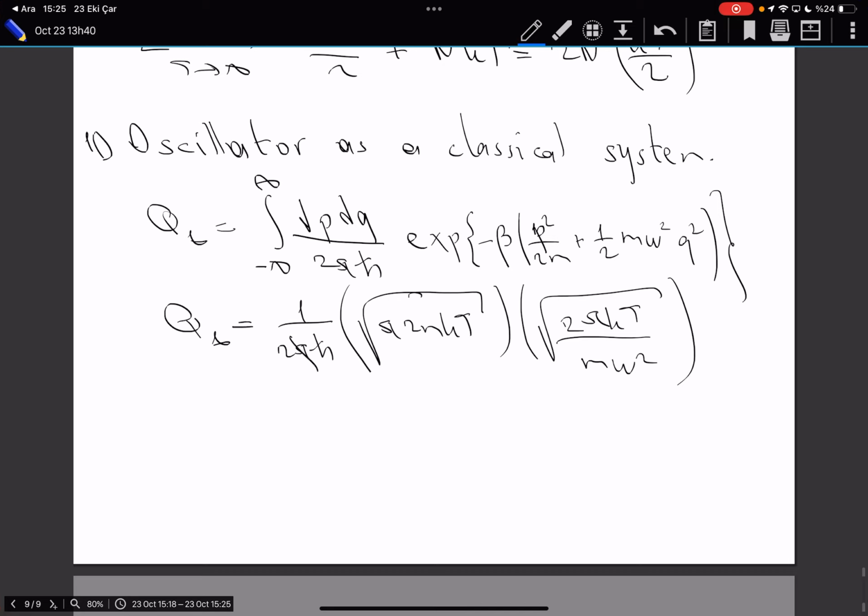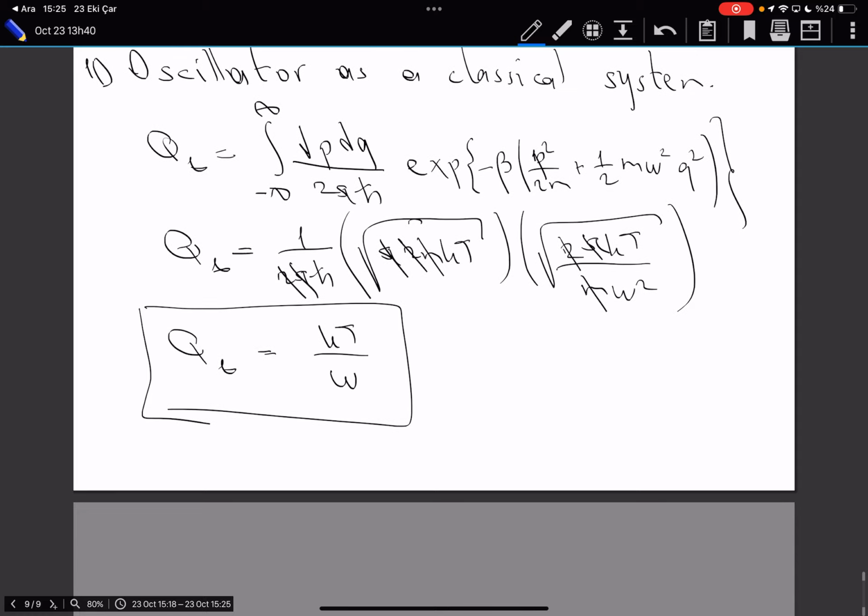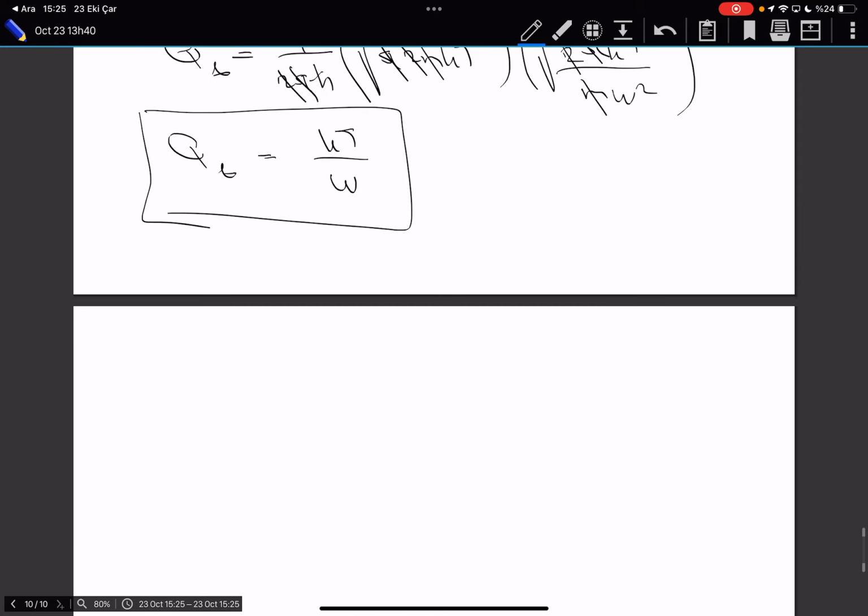Okay, let's do the simplifications. Pi's will cancel, the masses will cancel, the 2's will cancel. So Q1 would be just kT over h bar omega, the partition function of one oscillator. Qn would be kT to the power n over omega to the power n.